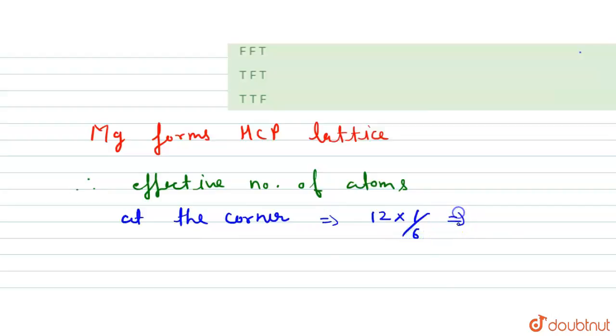As a result of this, the total number of atoms present at the corner is 2 in case of HCP.